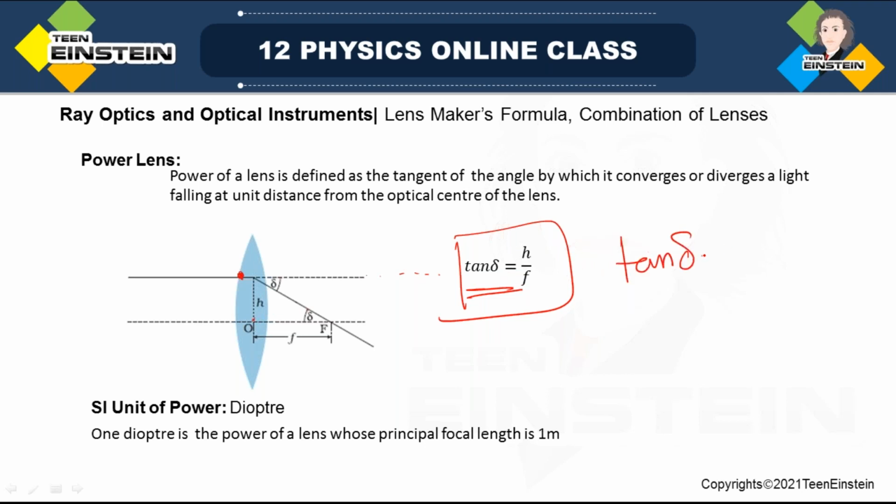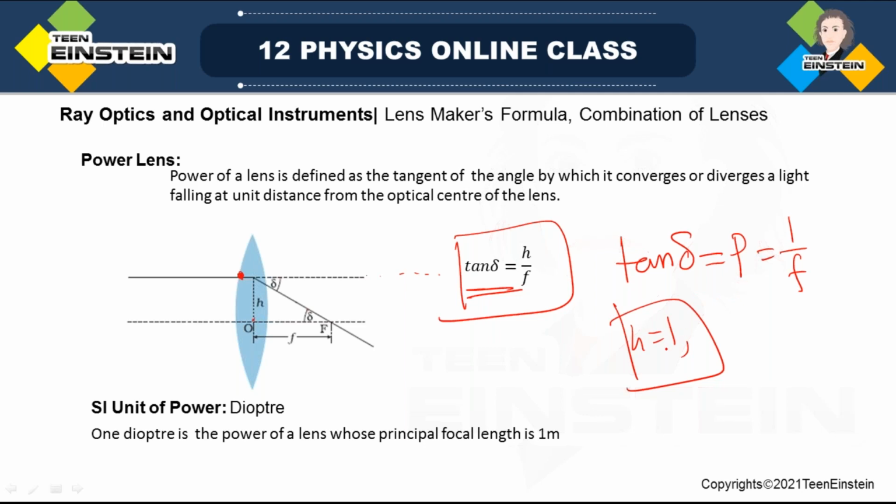This tan delta can be told as power if the ray is meeting the lens at unit distance, that means H is equal to 1. Then the tangent of the angle by which the ray is getting converged or diverged will be the power.